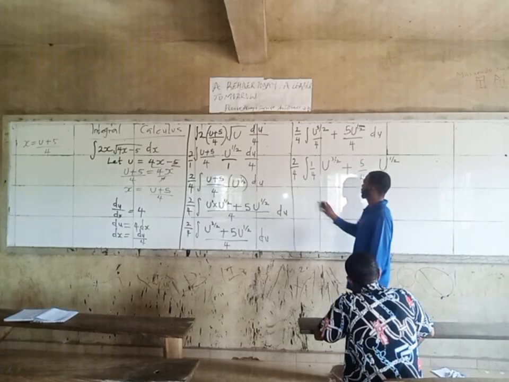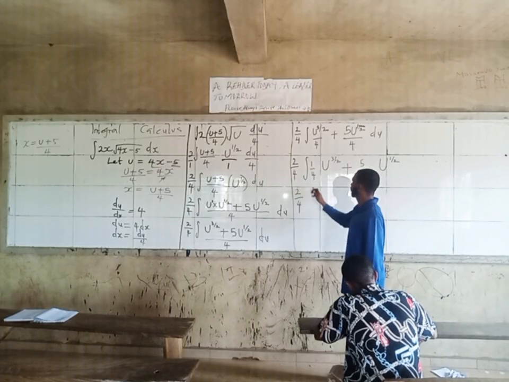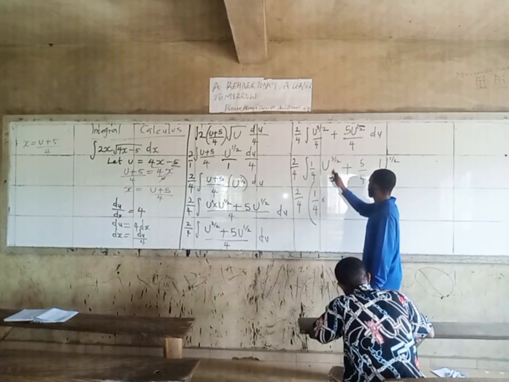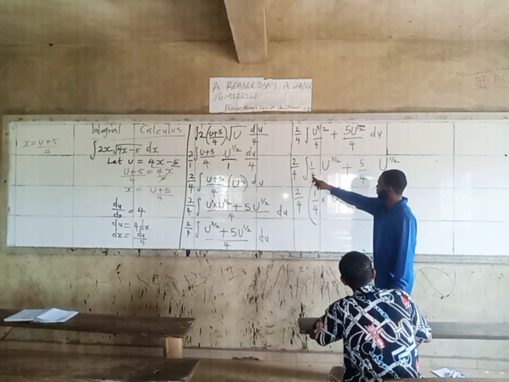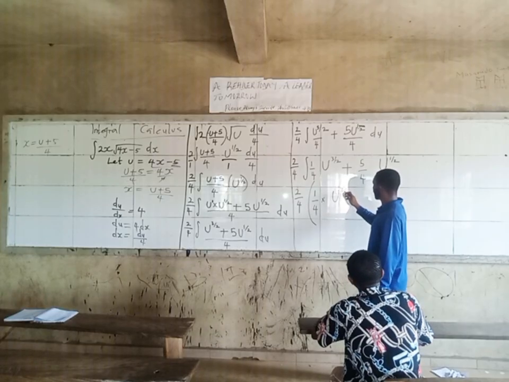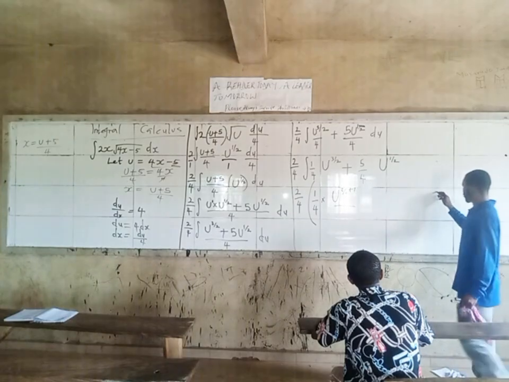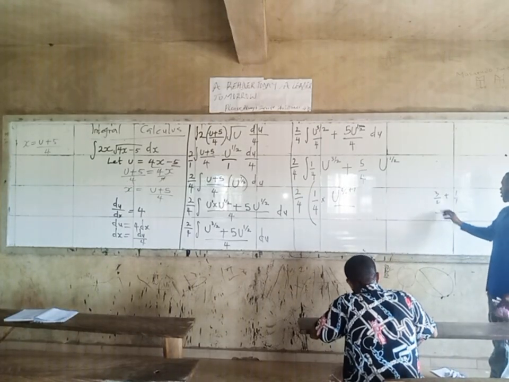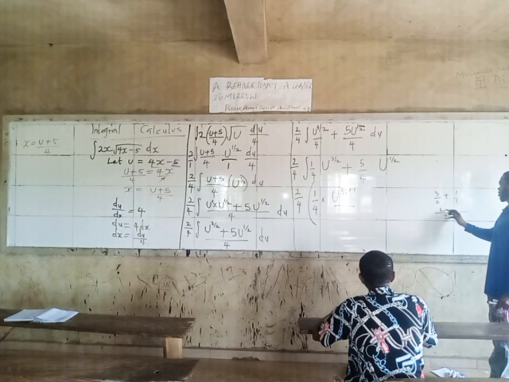So if I know this, integrating this now becomes the same as saying 2 over 4 into 1 over 4 times u. To integrate this, you're integrating the variable, not the numbers. So this will be the same as saying 3/2 plus 1 all over. If I do 3/2 plus 1, this will be the same as saying 2 here, 1 times this 3; 2 here, 2 times this.